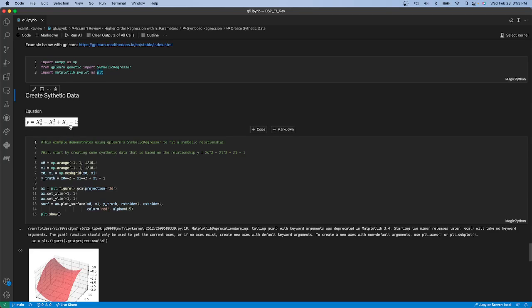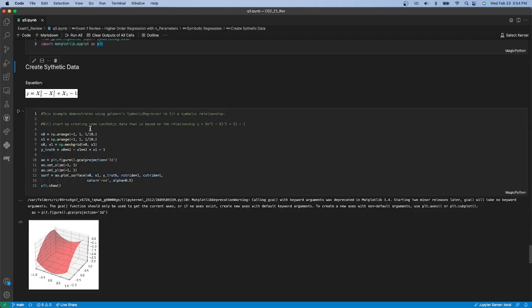We are going to create some synthetic data that goes along with this, and then put that data into the symbolic regressor and see if it can output that same formula. So we're just going to test to see if it works. All right, let's start by creating some data. Here's our formula.